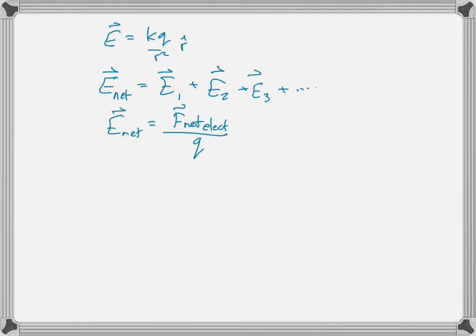What's really important to note is that the first equation I have here is the field of a point charge. It's a special case. But the other two equations I have here are not special cases. In general, the net field in any region, this is a general equation, is the sum of all the individual fields built up from point charges or collections of charges.